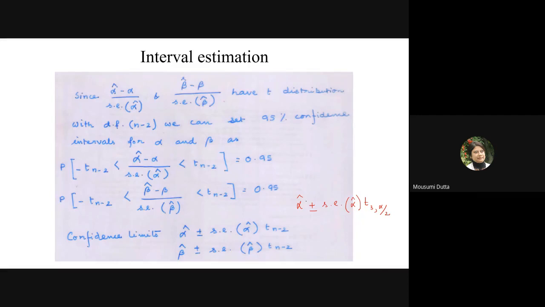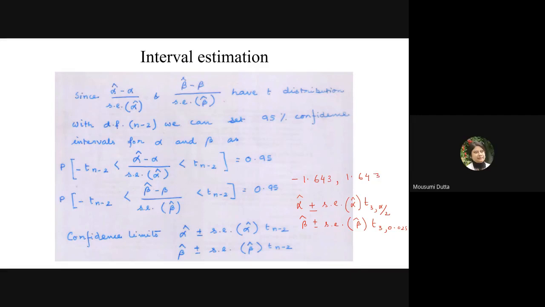Similarly, for beta, this will be the T. Ma'am, the alpha confidence limit I got is minus 1.643 comma 1.643.